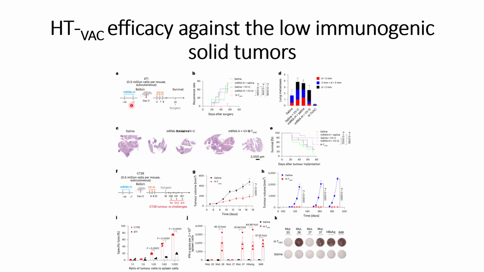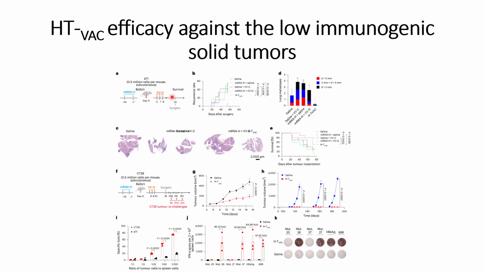For the HT vaccines, they treated or injected the mRNA-H into the mice 2 times before the injection of the breast cancer cells, 4T1, and after that at day 5, 7 and 9, in the case of control they introduced this virus, H, which expresses the hepatitis B antigen on the tumor cells.